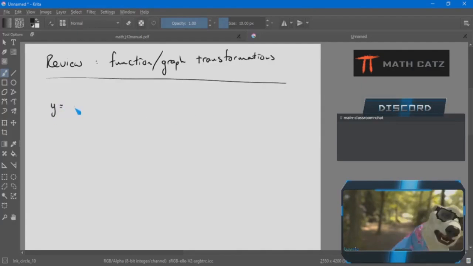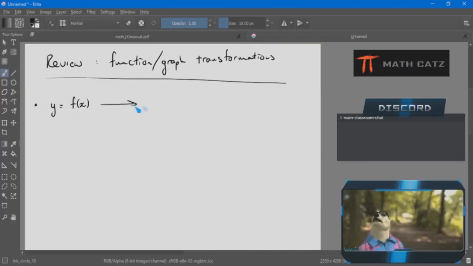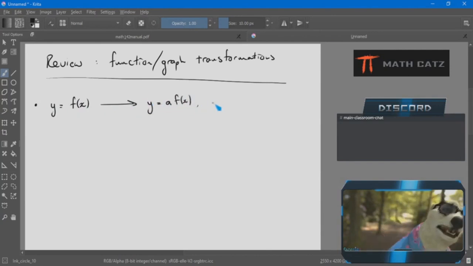If I have my basic function, I'll just do them in this order. I change it to y equals some positive constant a times f of x. What helps me remember is the right-hand side stays the same, but gets multiplied by a positive number.